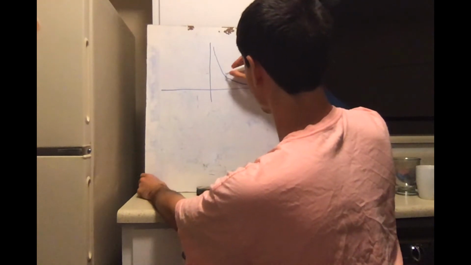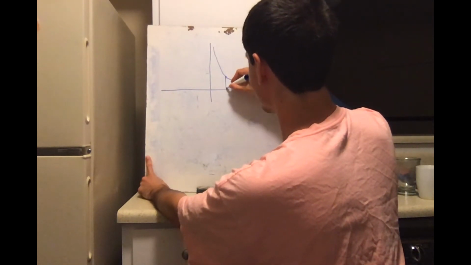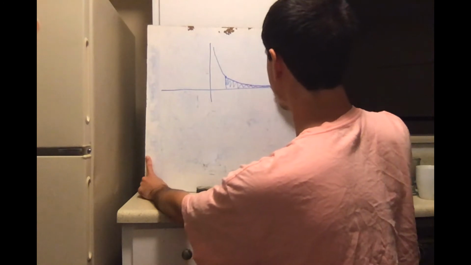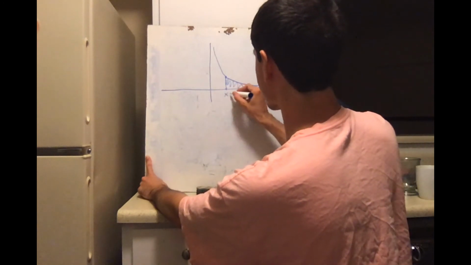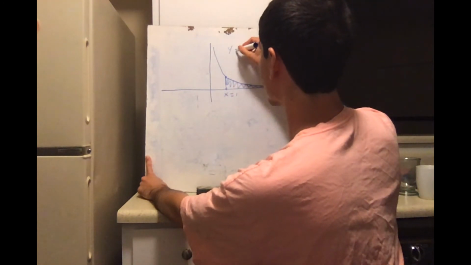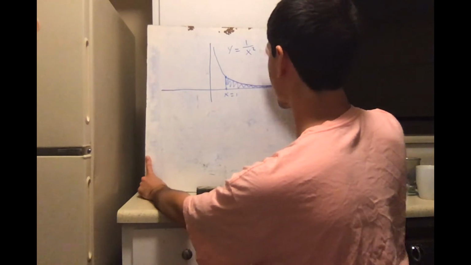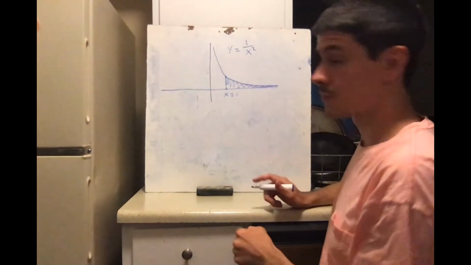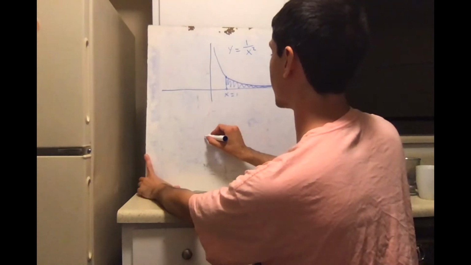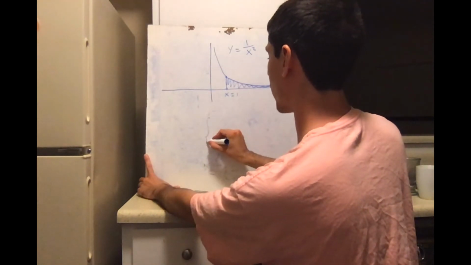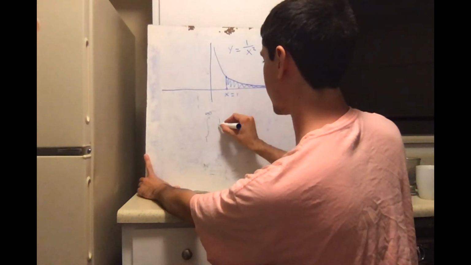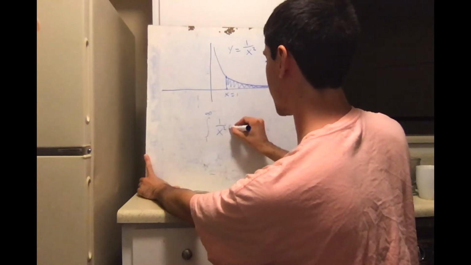So say this is x equals 1, this curve is y equals 1 over x squared. So this area right here we could write as the integral from 1 up to infinity of 1 over x squared dx.